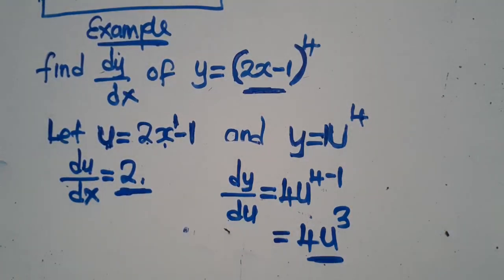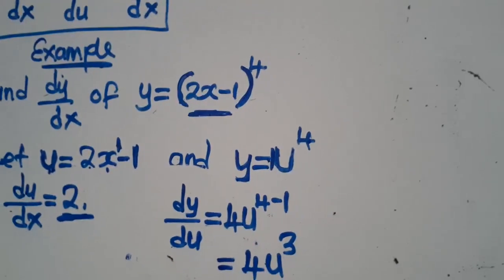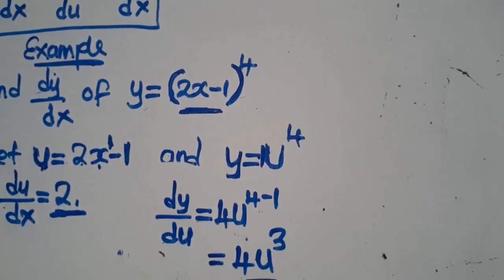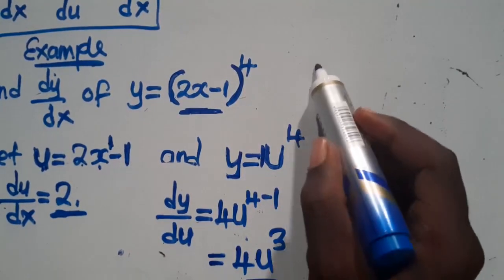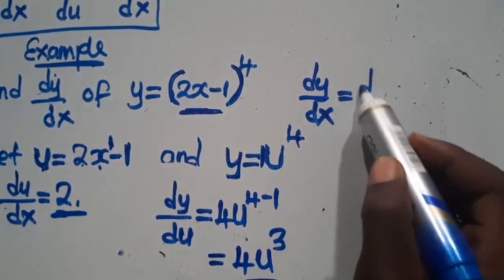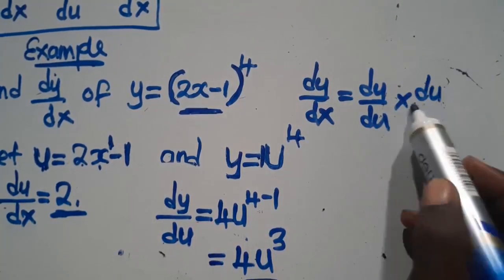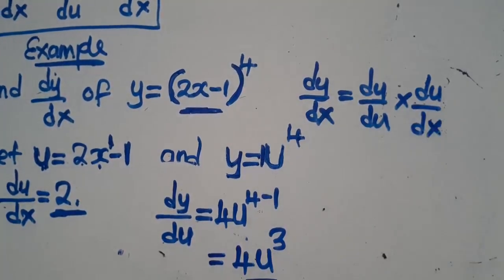So what's the formula now? Let me write the formula here. Which formula now are we supposed to write? The formula that I wrote there, where you now say dy dx is equal to dy du times du dx. This is what you are doing.